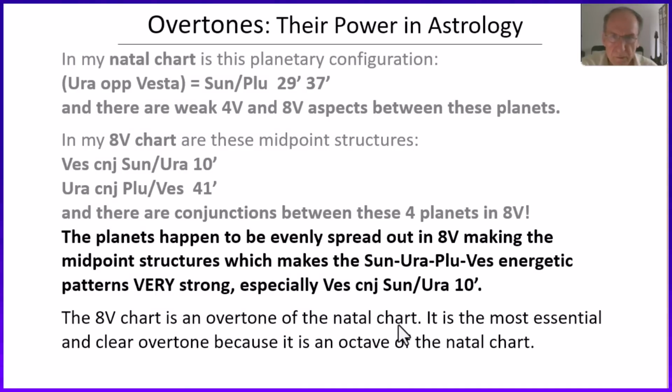So I already said this, the planets happen to be evenly spread out in 8 vibration. Okay, that makes the energetic or pattern connection of the Sun, Uranus, Pluto, Vesta, those 4 planets, very, very strong, especially the Vesta Sun Uranus, because that's the one with the very tight orb in 8 vibration. And in fact, that makes perfect sense.